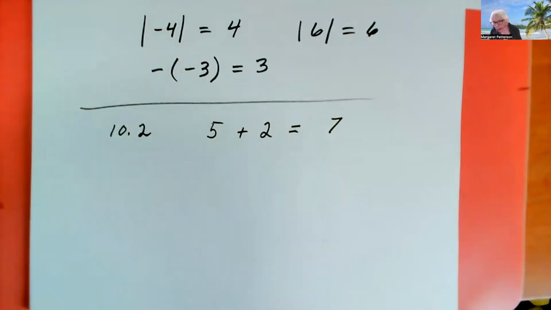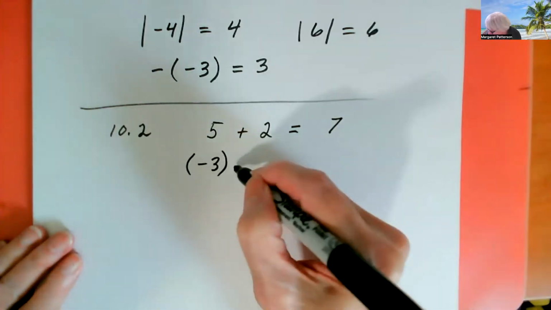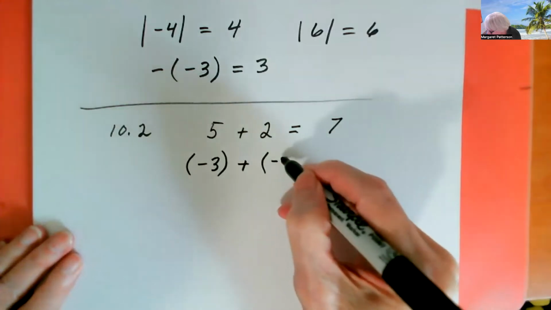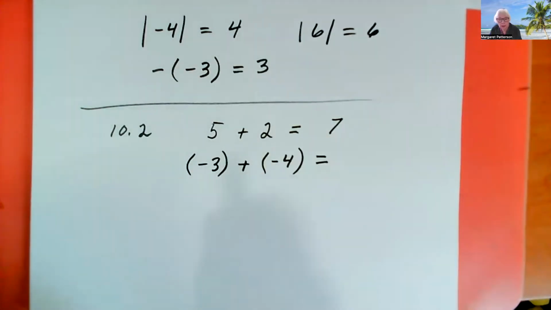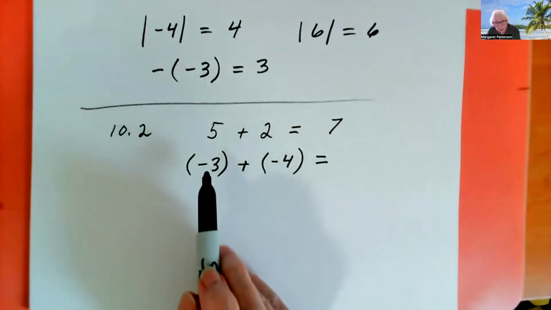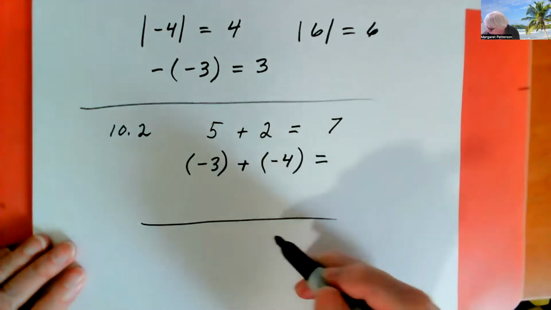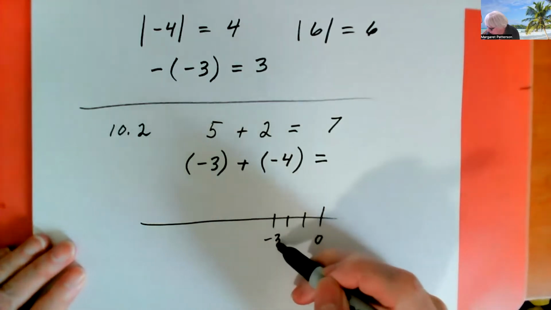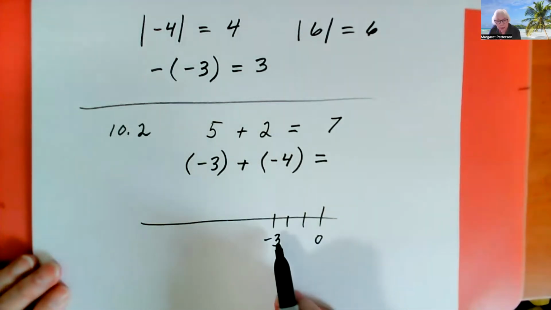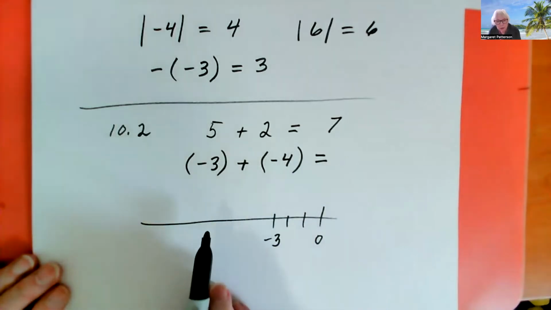Now, what would happen if you added 2 negatives? This is -3. And so here you are, this is 0, 1, 2. This is -3 where you're starting, and then you're going to add a -4 to it.